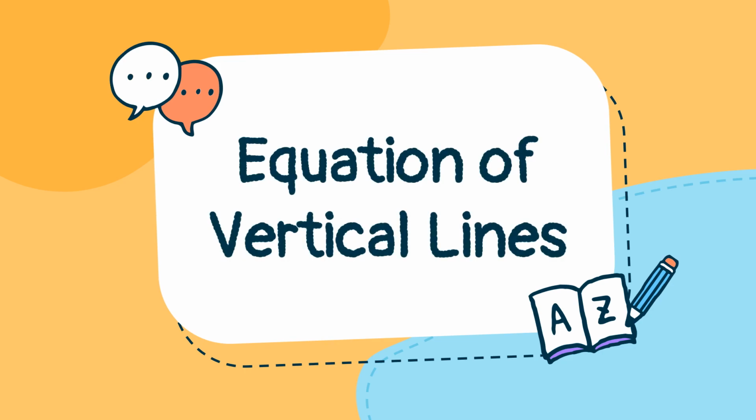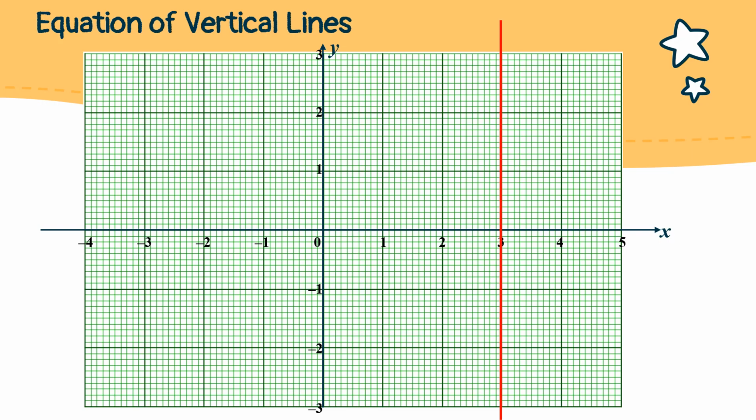Now we'll look at the equation of this vertical line that cuts at 3 here, and 3 is actually on the x-axis. So the equation of this vertical line is simply x equals 3. What it means is that every point on the line, the x value is actually 3. Therefore, the equation of this line is x equals 3.